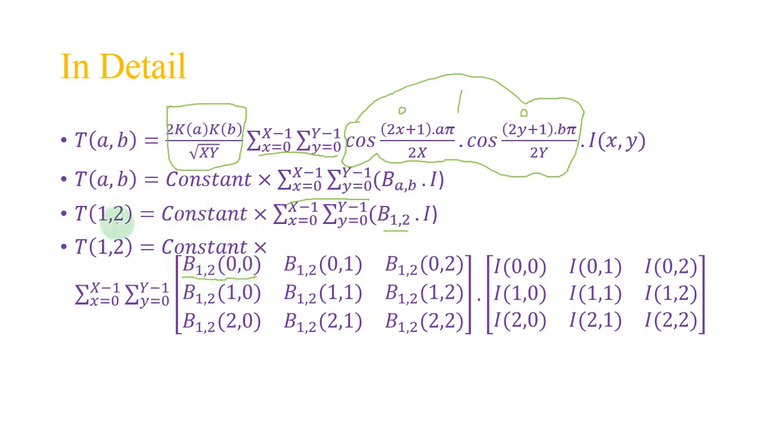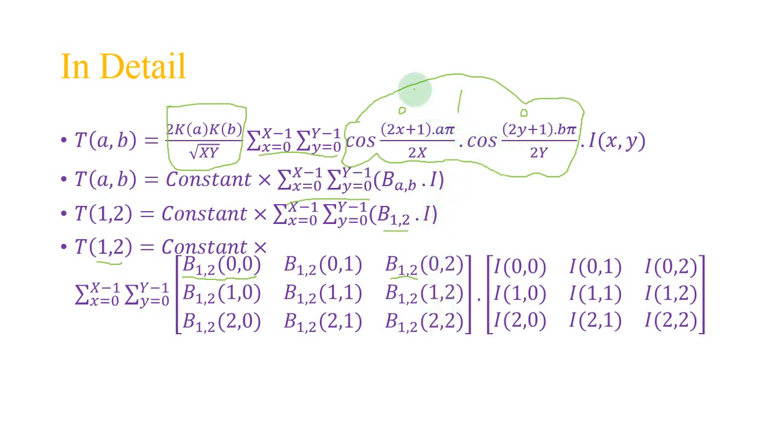Note that the values of a and b are constant, which is equal to 1 comma 2. The value of a is 1 and the value of b is 2. So this whole matrix will be the basis matrix for b of 1 comma 2. So it will be a 3 cross 3 matrix.